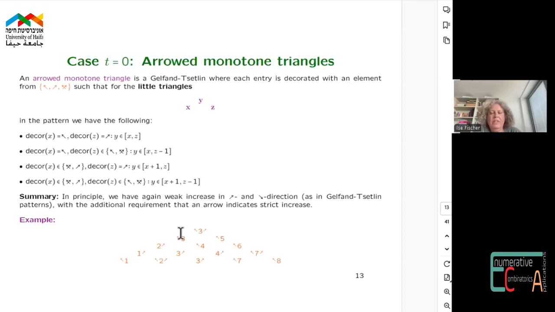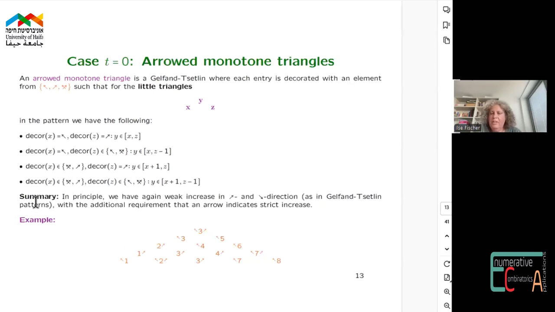In fact, every entry has to be decorated either by a left arrow, by a right arrow, or by a double arrow. The meaning of these arrows is that if an arrow from a lower element is pointing to an upper element, then these entries must not be equal. This is what I wrote here in the summary.